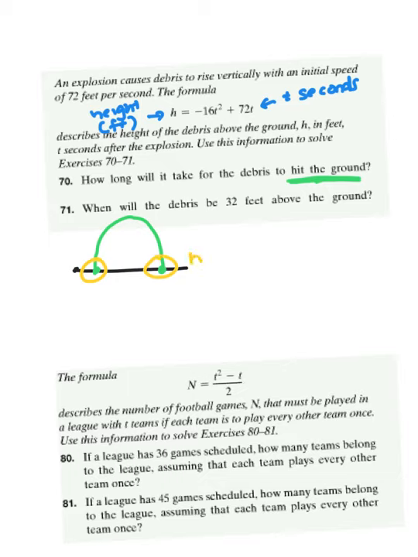Well, the height is 0 feet. There's no height there if something's on the ground. Where would that go in our problem? Well, here's the equation: h equals negative 16t squared plus 72t. So if the height is 0, that 0 needs to go where h is. And now I have an equation that looks like this.